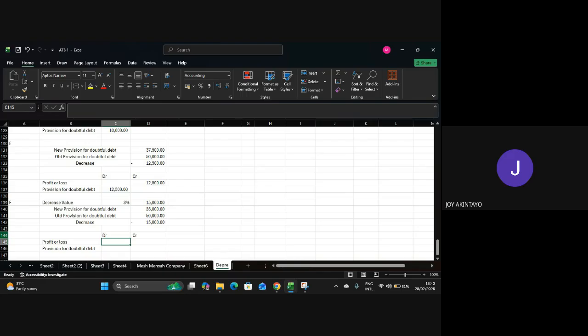The profit. Which one are we debiting? Because it's a decrease. Profit or loss. And how do we treat the profit or loss account? Statement of profit or loss. Are we debiting or crediting?